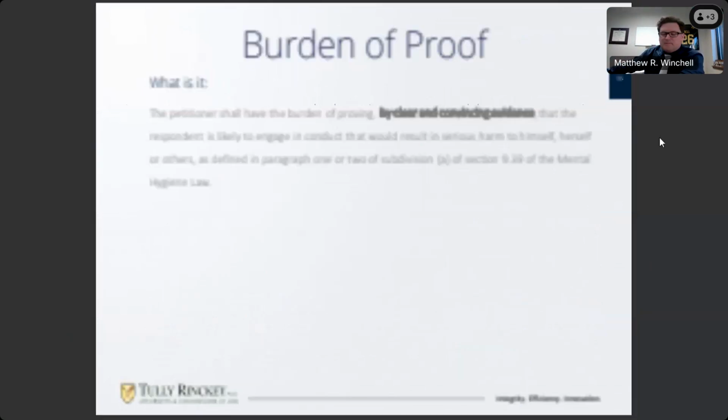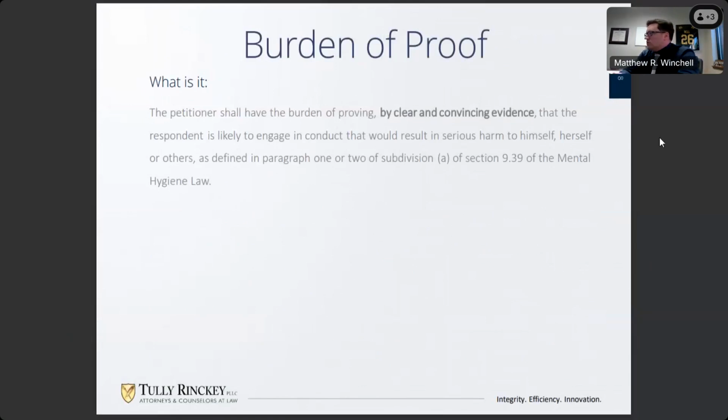Okay, next slide, Tom. So the burden of proof, very low burden of proof when it comes to these red flag laws. That's really why they're so difficult for the respondent to win, because the petitioner only needs to show by clear and convincing evidence that the respondent is a danger to himself, others, or the petitioner.